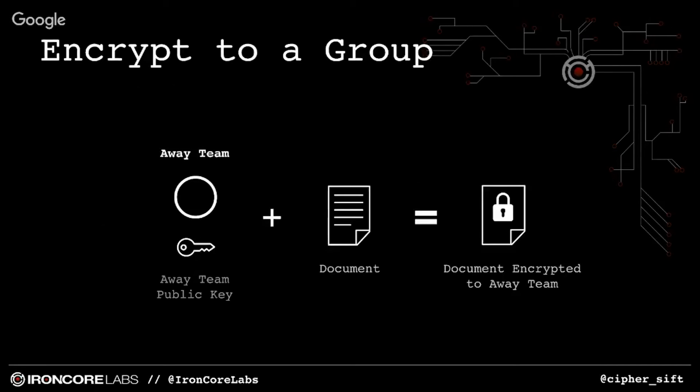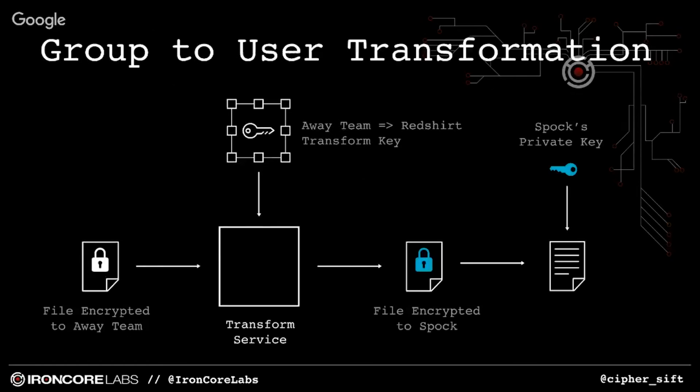All right, so if I want to encrypt to a group, I just encrypt like I would to any other entity. So in our example app, Captain Kirk decided to encrypt to the away team, right? So we encrypted to the public key of the away team group. And he got an encrypted document to the away team, right? Then, as a user, as Spock, I wanted to access that document.